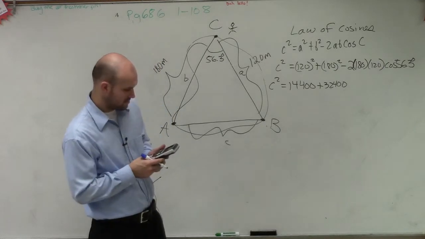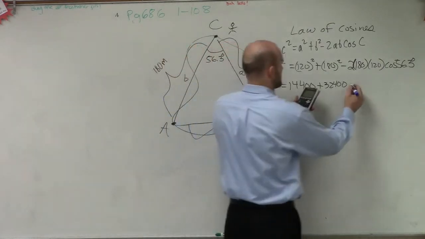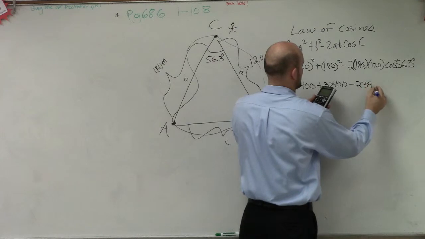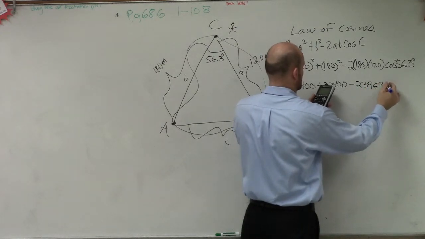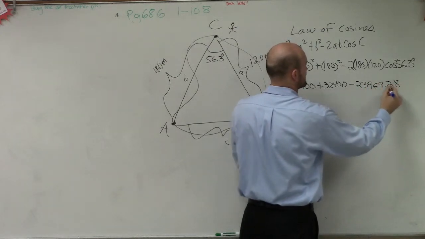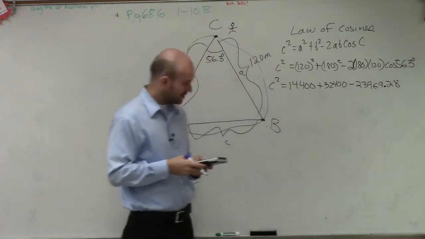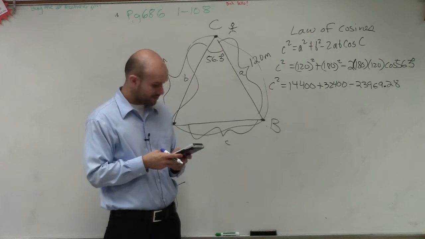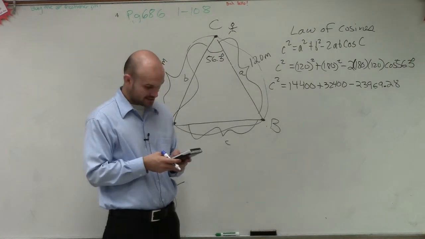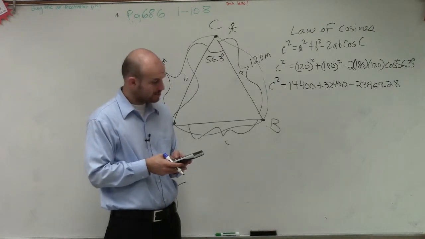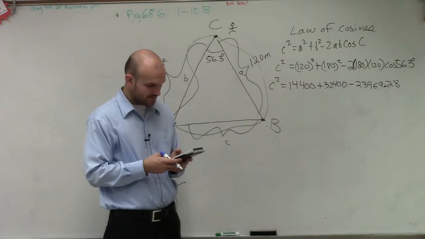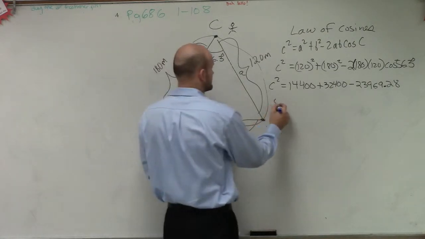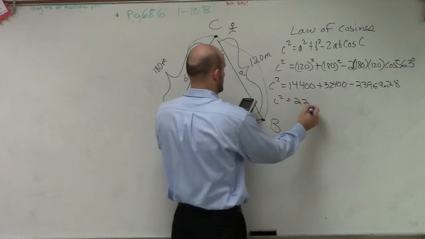So that's going to be minus 23,969.28. So then I'll do 14,400 plus 32,400 minus 23,969.28. So there it gives me c squared equals 22,830.72.